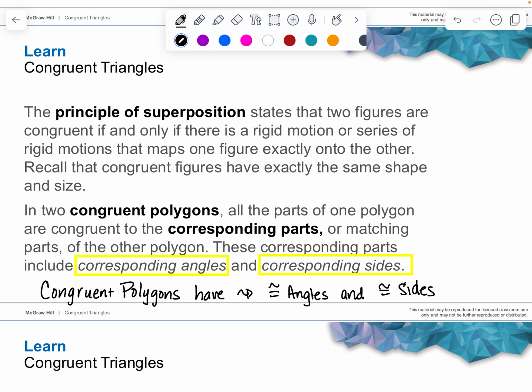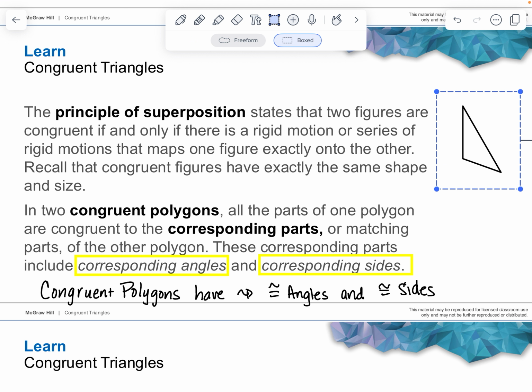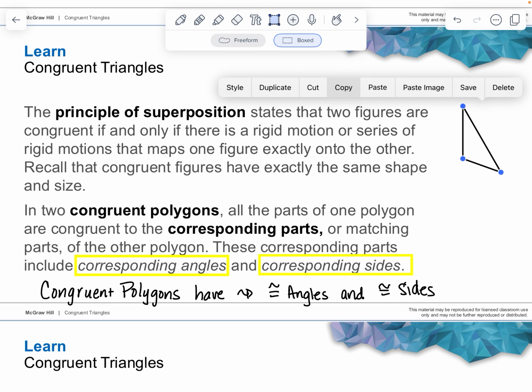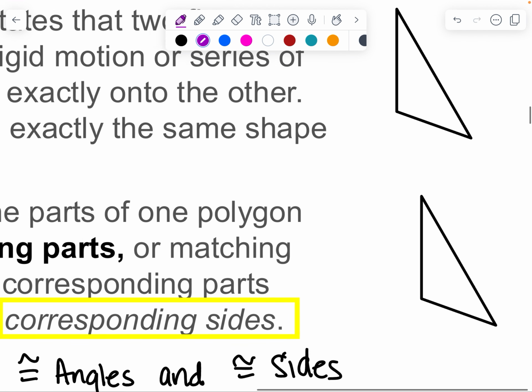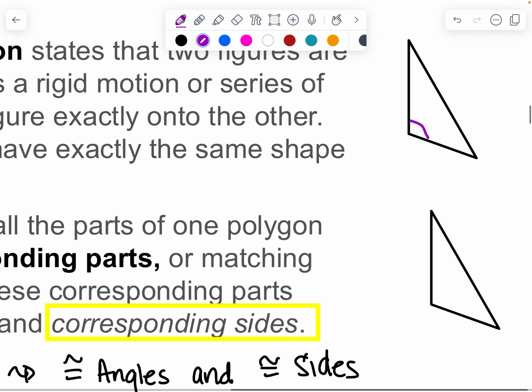So for instance, let's grab a triangle here. I'm going to make any kind of triangle, copy it, and paste it. There we go. Now grab another color. All the angles should be the same. This one should be the same as that one. This should have a matching angle here, and then a matching angle here to here.